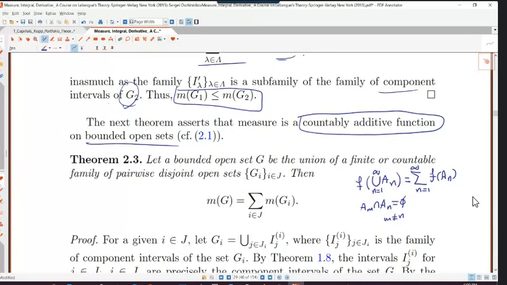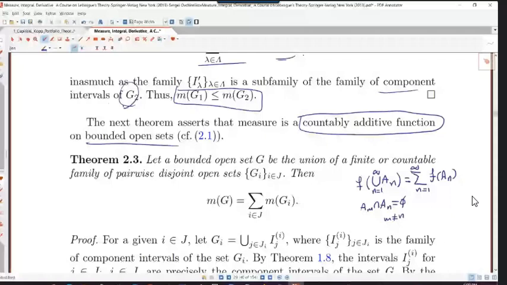If we have this, then we say that f is a countably additive function. If instead of infinity we have a finite number of sets, then we say f is additive.